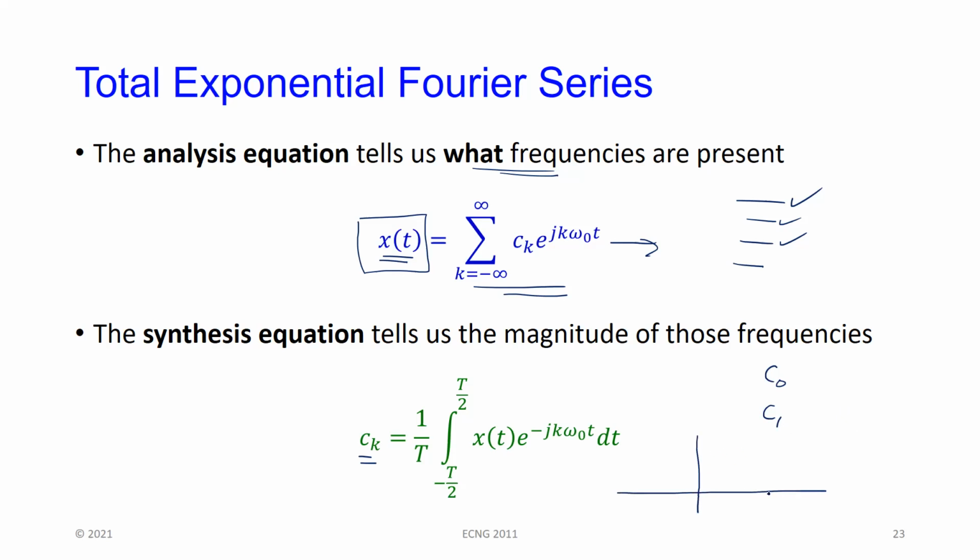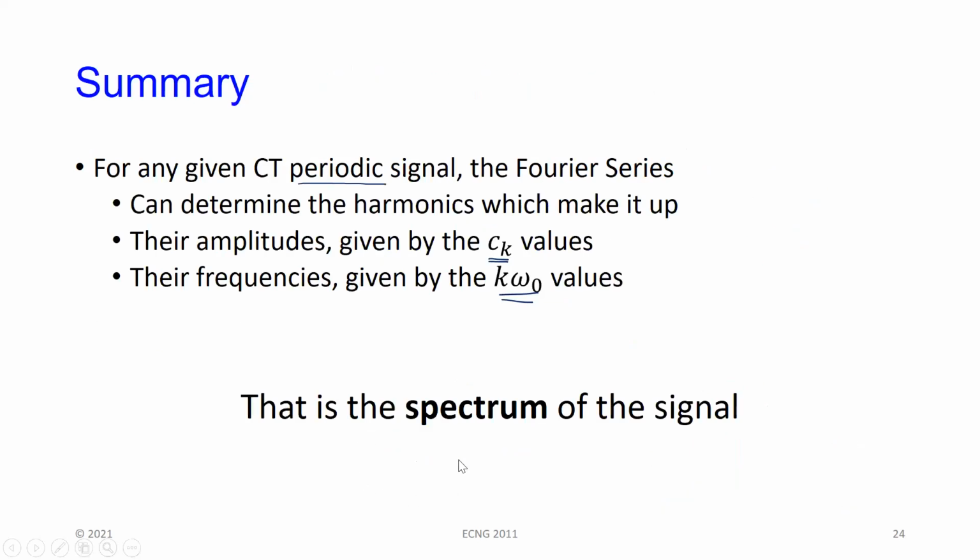You could plot that now. So the magnitude of that would give you the DC component, the first harmonic. Of course, because it will be plus or minus 1, you will actually have a negative side here. The second harmonic, and remember, this is just complex conjugates. So this is 0 hertz here, this is omega naught, 2 omega naught, let's say 3 omega naught, and so on. So if you only look at the real frequencies, you actually have what the spectrum of the signal looks like. So a plot of CK gives you the spectrum of the signal.